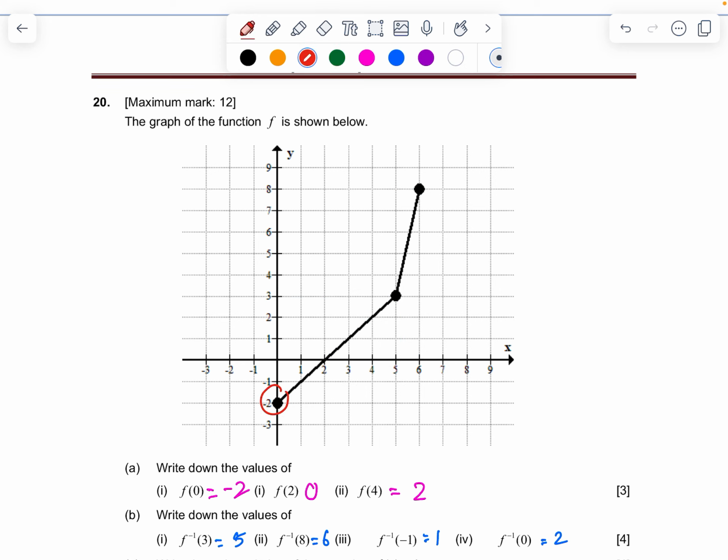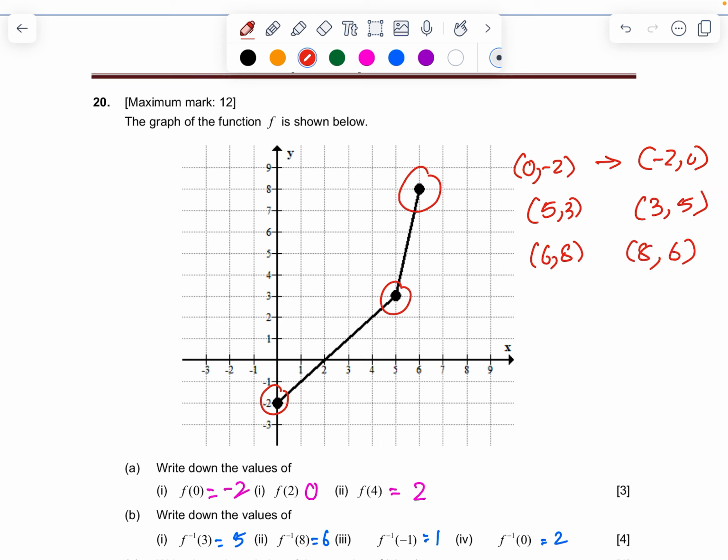Remember, this point is 0, comma, negative 2. So it becomes negative 2, comma, 0. And this point is 5, comma, 3. So it becomes 3, comma, 5. And this point is 6, comma, 8. So it becomes 8, comma, 6.